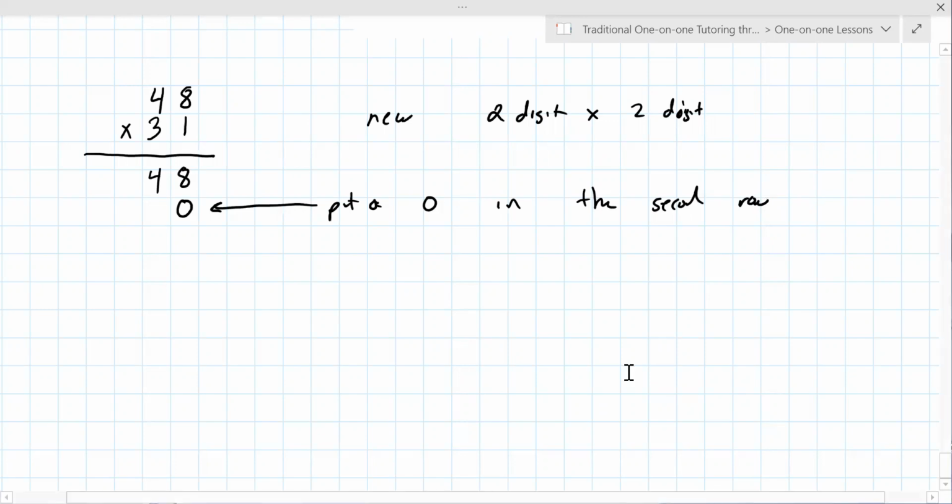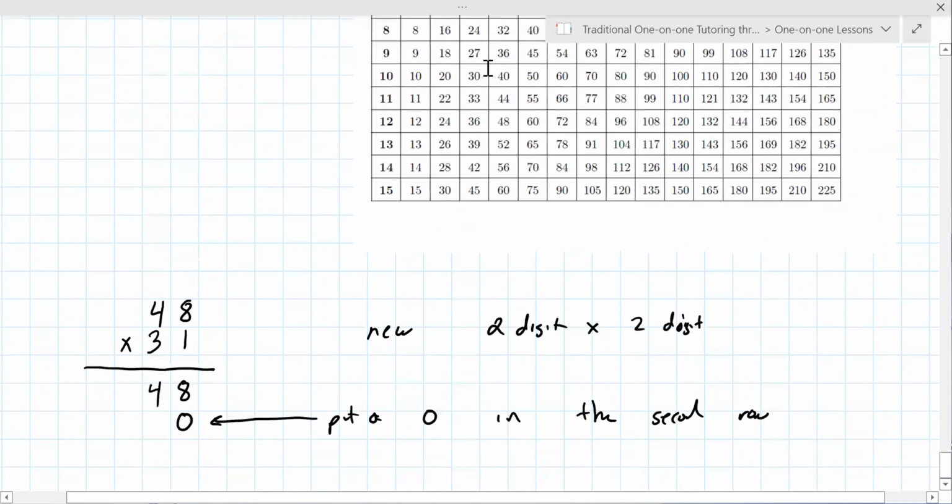Now, you take the 3 and you multiply the numbers just like we did with the 1, but we're going to put the numbers offset in one position. So what is 3 times 8? 16. No, wait. Do you need that multiplication table?